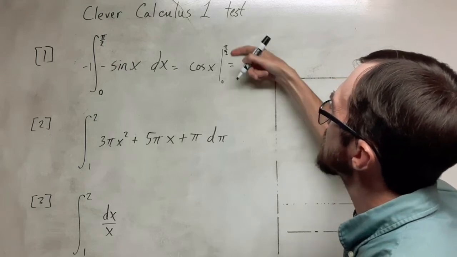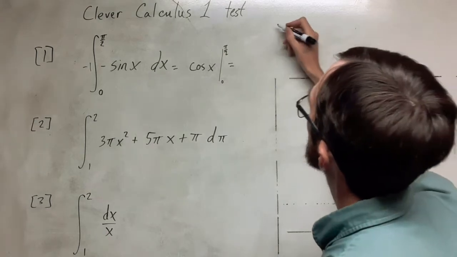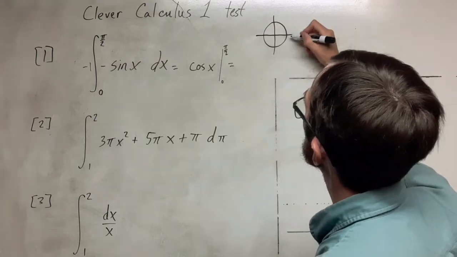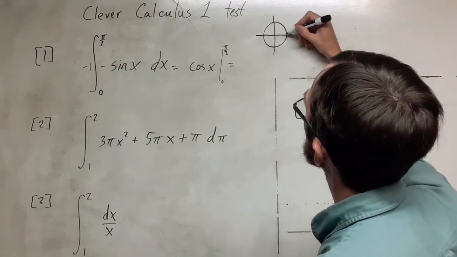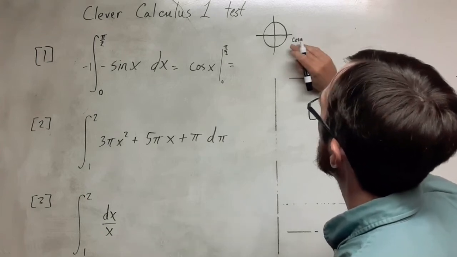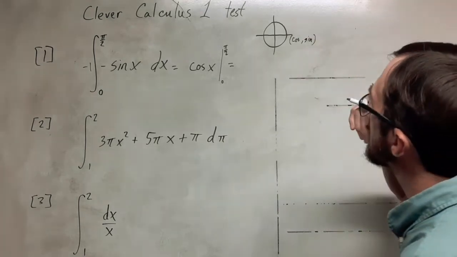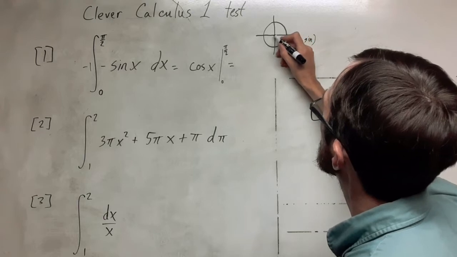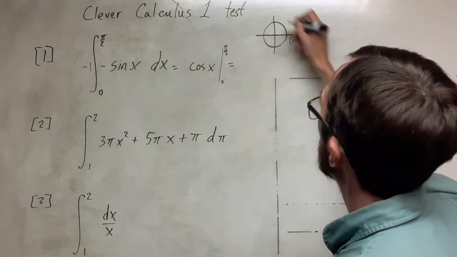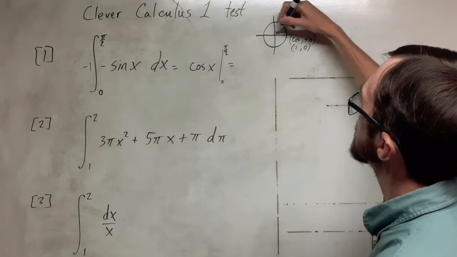Hopefully, you have some understanding of the cosine of 0 and the cosine of pi halves. Maybe even go back to your unit circle. We're looking at this point up here and this point down here. Our cosine values are x's and our sine values are y's. When we're at this point here, x is 1 and the y value is 0. So we're at the point (1, 0) when the angle is 0 degrees.